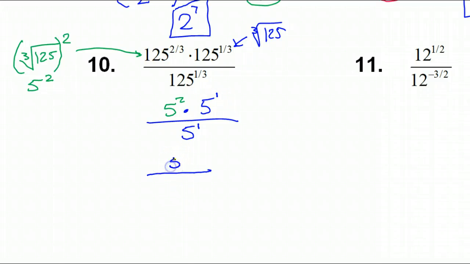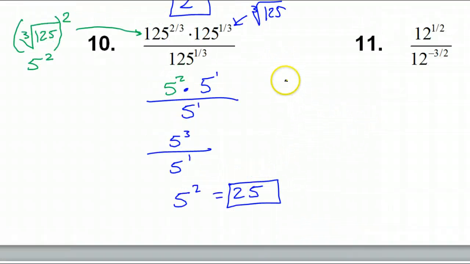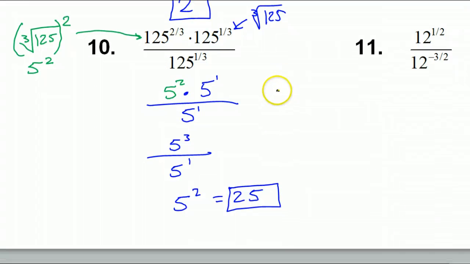So this would be 5 to the 3rd power over 5 to the 1 power. And now you subtract. So this would be 5 squared, because 3 minus 1. And that finally is 25. And that would be your final answer. So that's the way I would most comfortably do it.